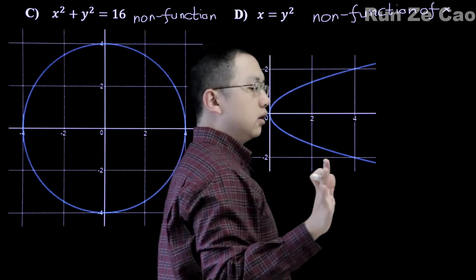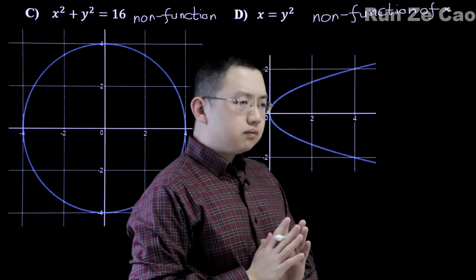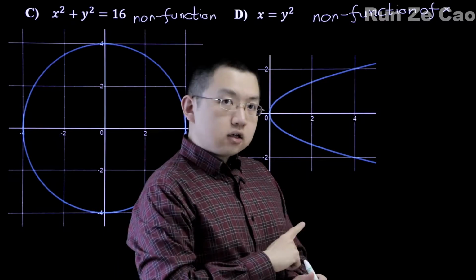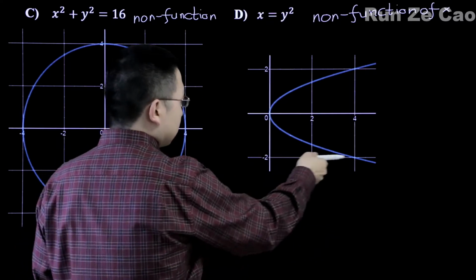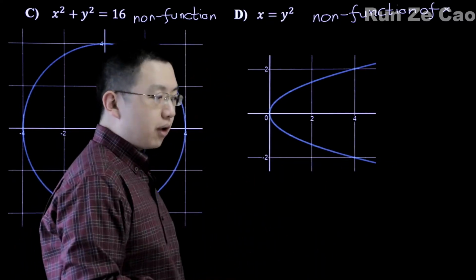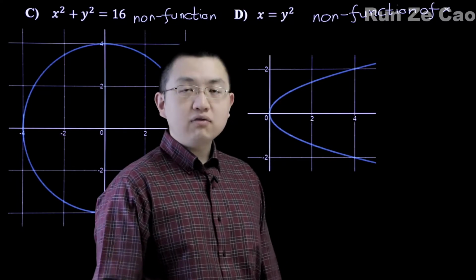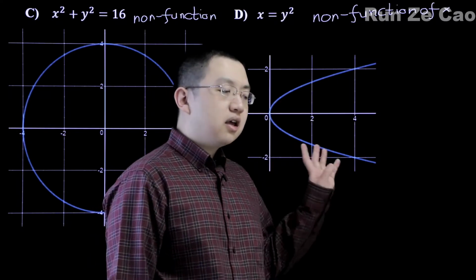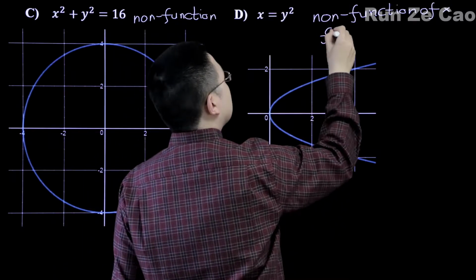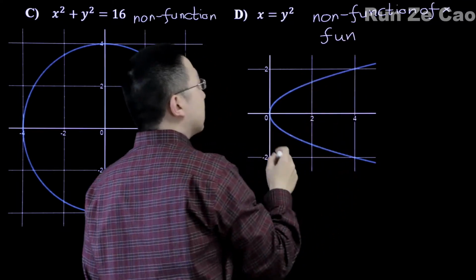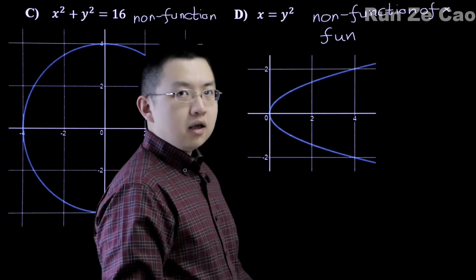of x. Wait a second. Why do we say non-function of x? Well, x here is a function of y, because for every y value, there's only one x value. So if we plot x as a function of y, with y being the independent variable, then this is a function. But if we only consider x as the independent variable, this is not a function.